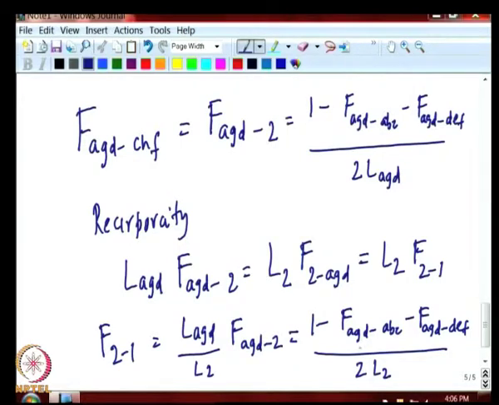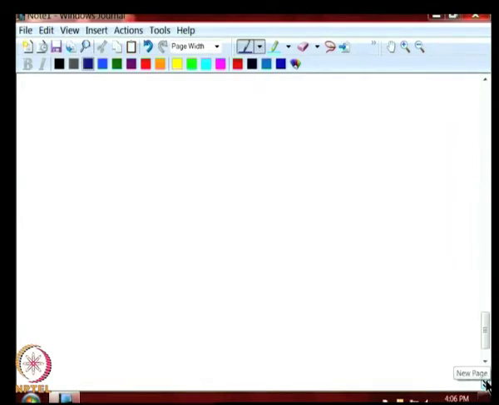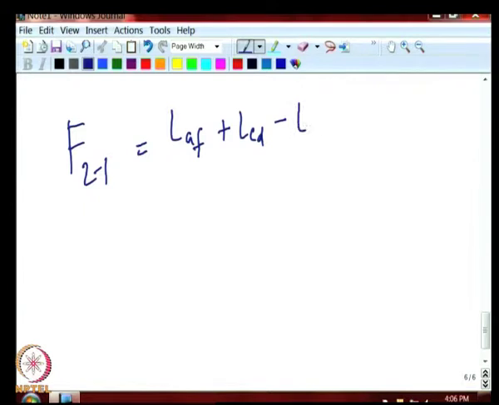Now, we can substitute the expressions for F AGD ABC and F AGD DEF here, and the final expression you will get for F21 will be length of AF plus length of CD minus length of ABC minus length of DF by twice the length of the surface 2.